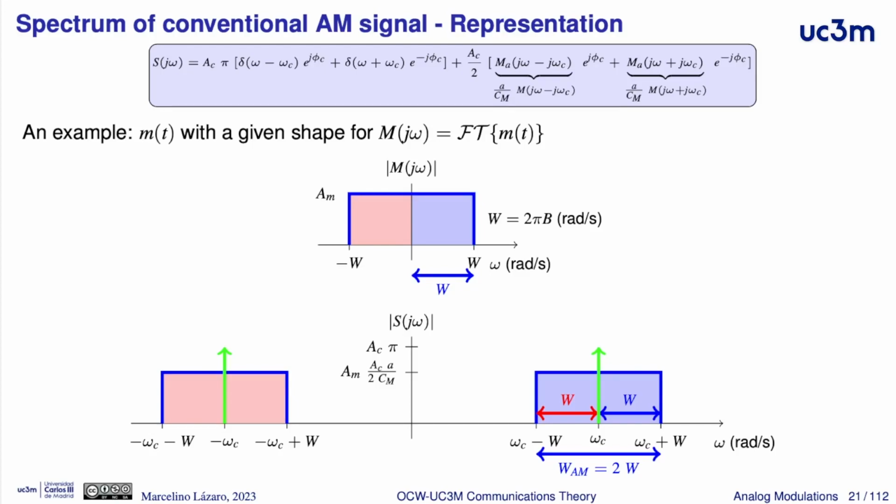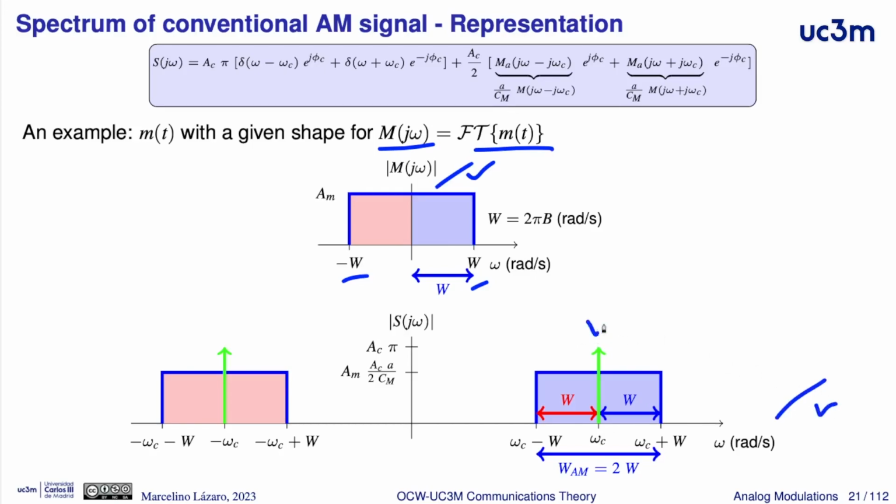For instance, if here the Fourier transform of the modulating signal has this frequency response, a rectangle between minus the bandwidth and plus the bandwidth of the signal, then the Fourier transform of the modulated signal is this one.